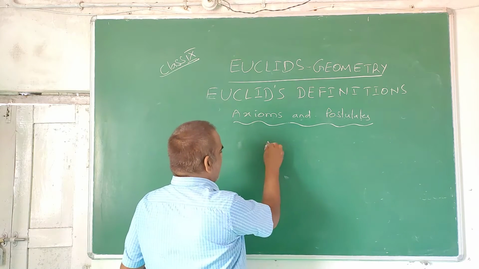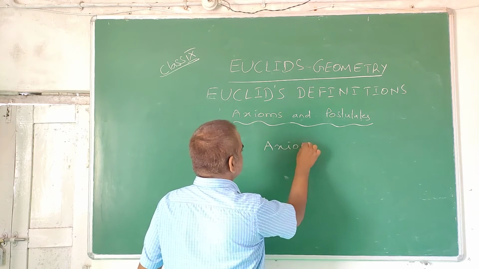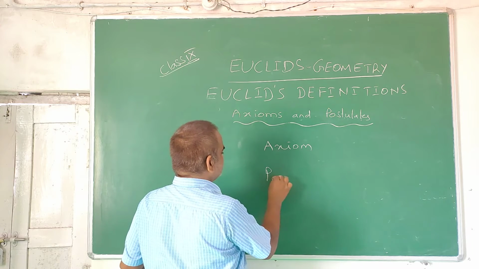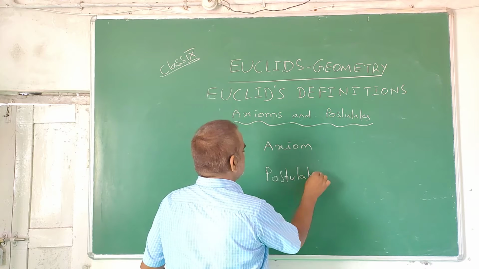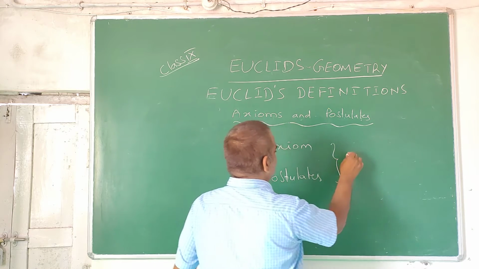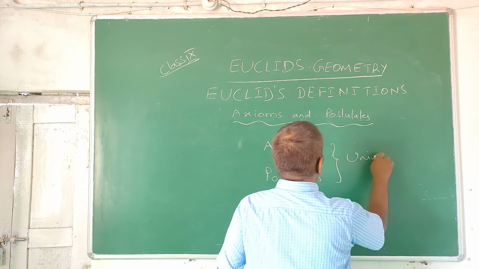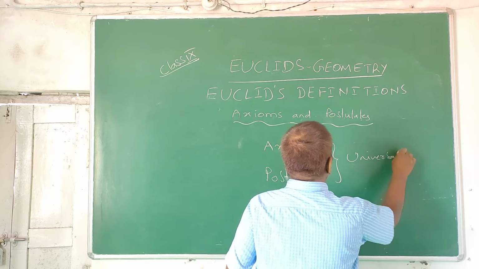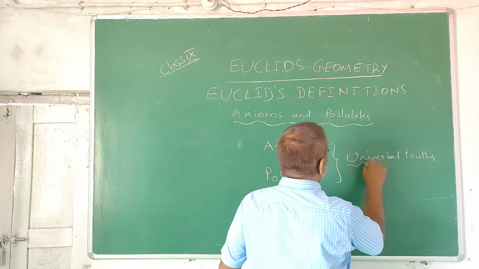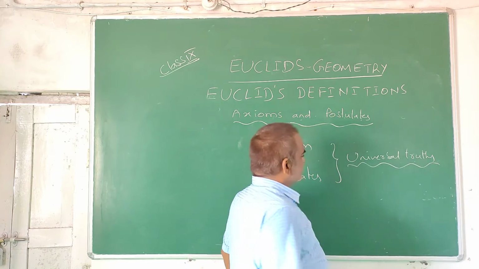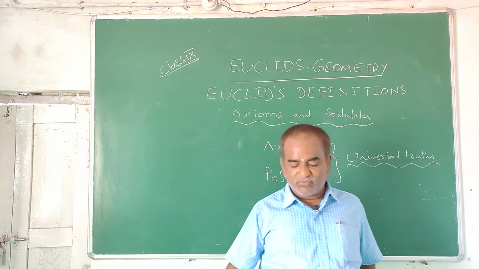So axioms and postulates are universal truths which require no proof, which are evidently true.